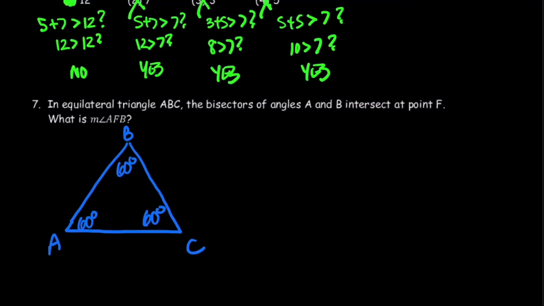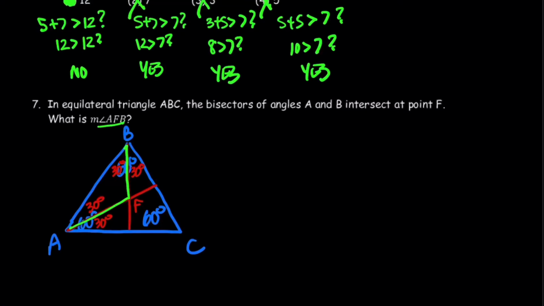The bisectors of angles A and B. So here's A, and there's B. Intersect at point F. Well, if they bisect the angles, I've got 30 and 30 here, and I've got 30 and 30 there. It says, what is the measure of angle AFB?